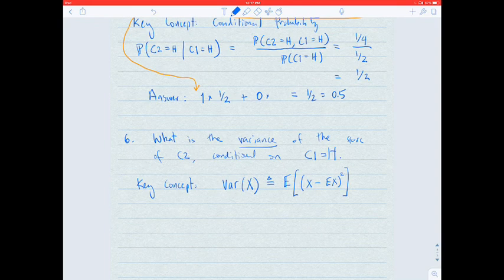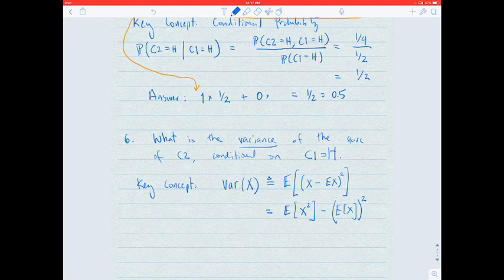And with just some basic calculations, you can compute that this is sometimes useful, makes it easier to compute. This is equal to the expected value of x squared minus the expected value of x, this whole quantity squared. Very important to remember that these two are different. The expected value of x squared is different from the expected value of x, quantity squared.